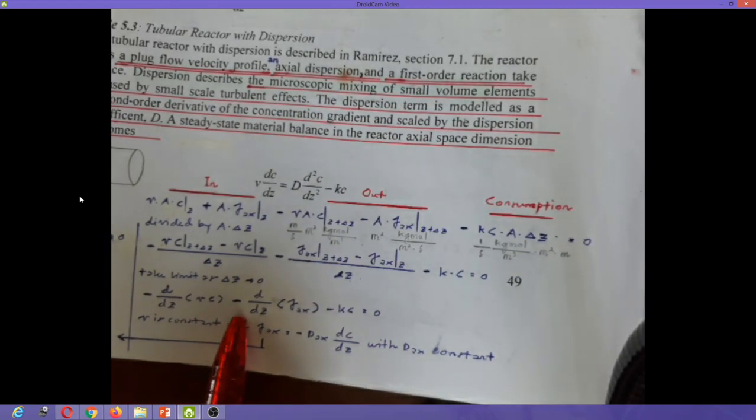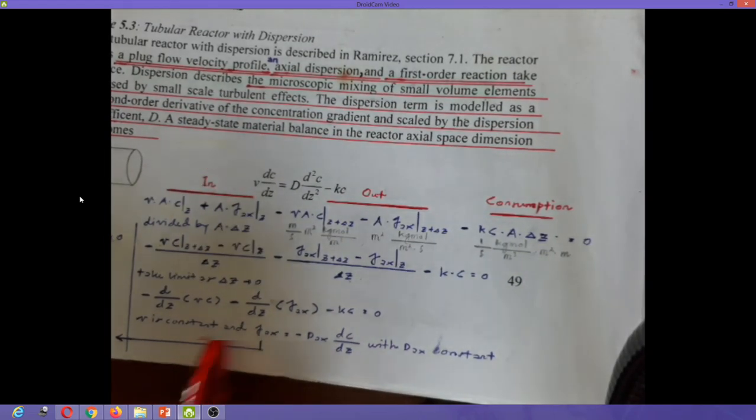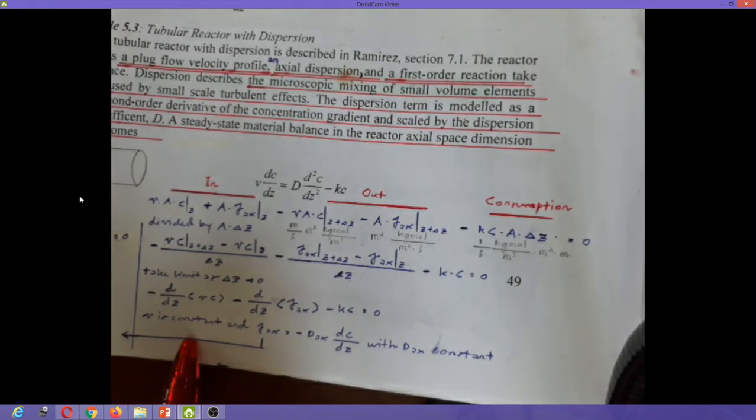Okay, and then we can divide by A, divide by delta Z, then we recover this term in here. As we take the limit as delta Z is approaching 0, we get this term in here, where V is a constant, and this J_x is defined as this.